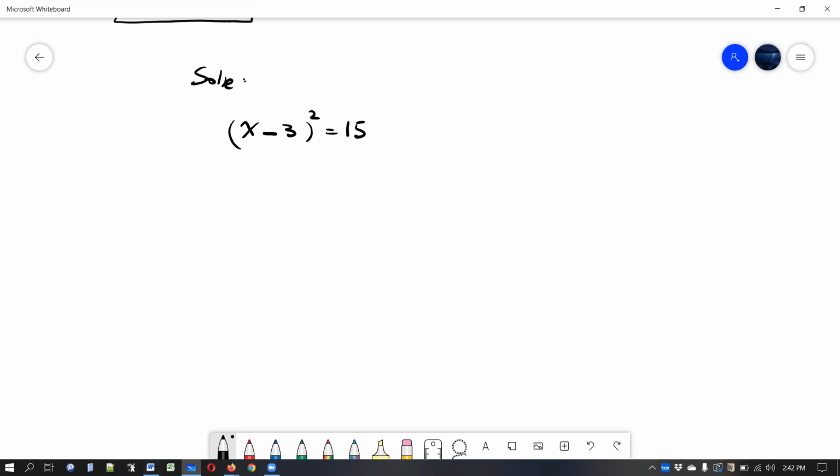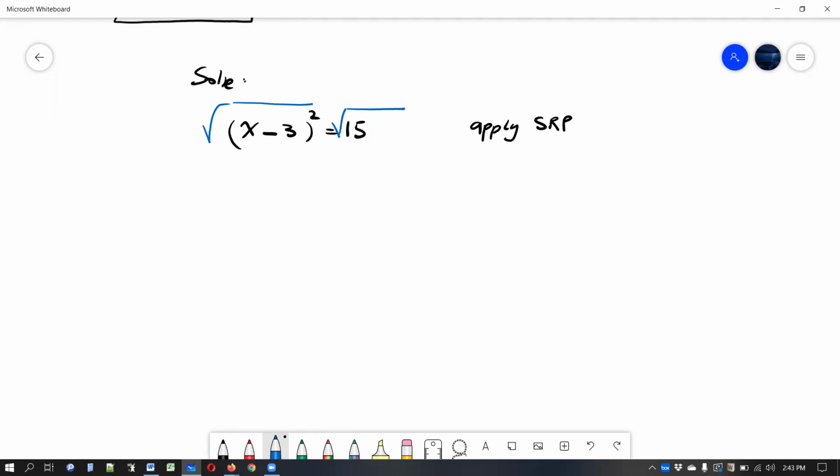So step one is make sure that the parentheses with the square is isolated on the left. It's already isolated. I'm ready to go. So I can apply the square root property immediately, which is just take the square root of the left, take the square root of the right.